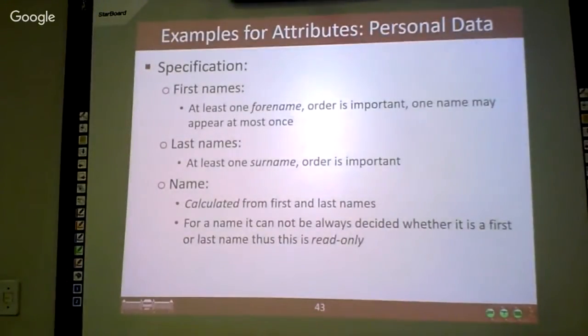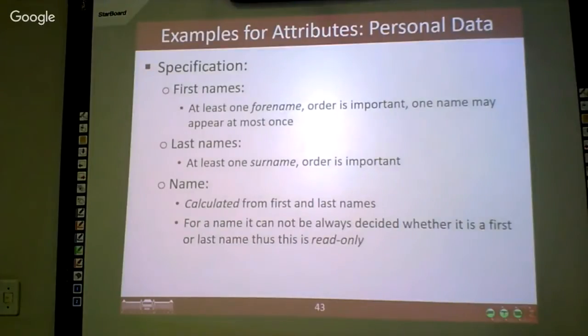And we will also store first names, where the rule is at least one forename, and order is important. One name may appear at most once. Then we have the attribute of last names: at least one surname, and order is important. And the name is calculated from the first and last names.